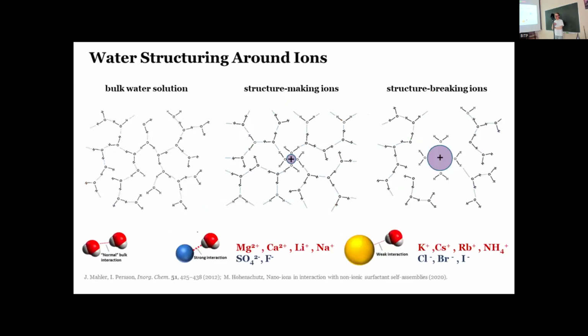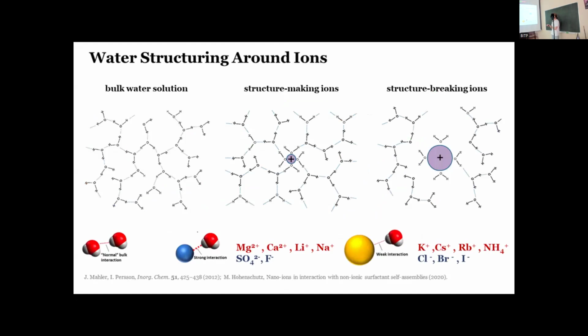So the interaction of ions with the DNA is strongly ion specific, and particularly depends on the hydration properties of the ions. Depending on how the ions structure water molecules around themselves, they are often classified as structure-making or structure-breaking ions.